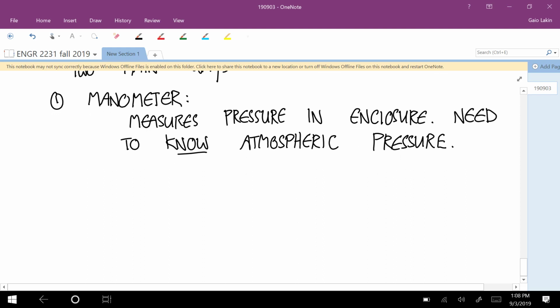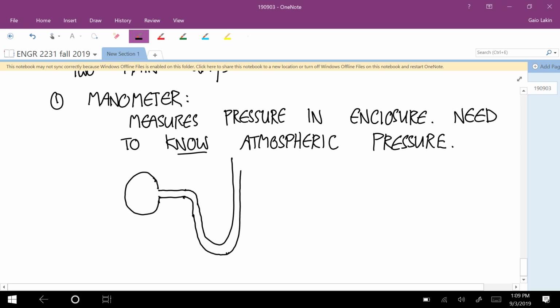And it looks something like this. So if this bulb is the enclosure that you're trying to measure the pressure of, you have the enclosure, and it's connected to a glass tube that makes this U shape. And then in the tube is some kind of liquid.